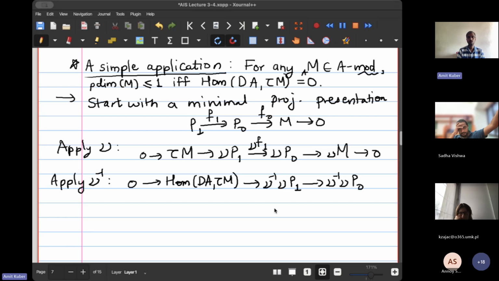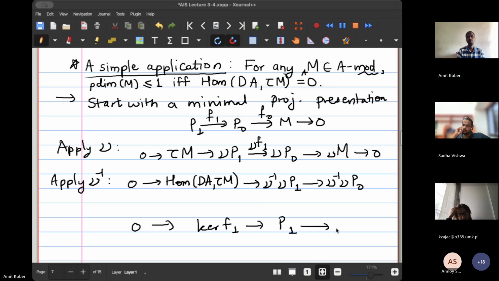Well, I don't really care about the last part. And compare it with the original thing. So kernel of F1, then P1, P0, and 0. These are equal. And because nu and nu inverse is an equivalence on projectives, therefore nu inverse nu P1 is isomorphic to P1 and nu inverse nu P0 is isomorphic to P0.